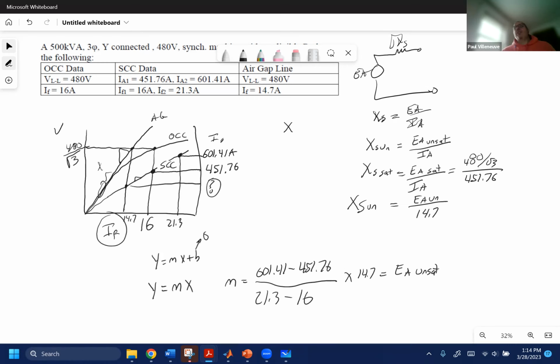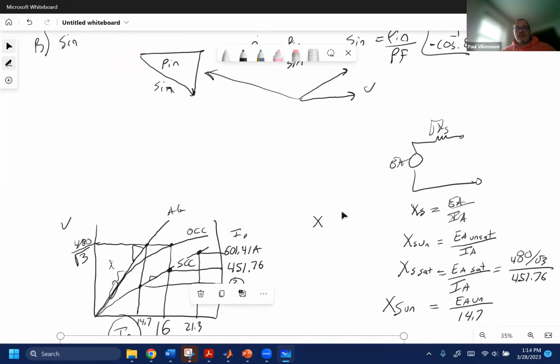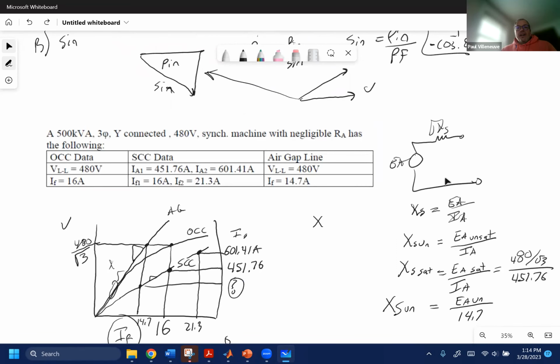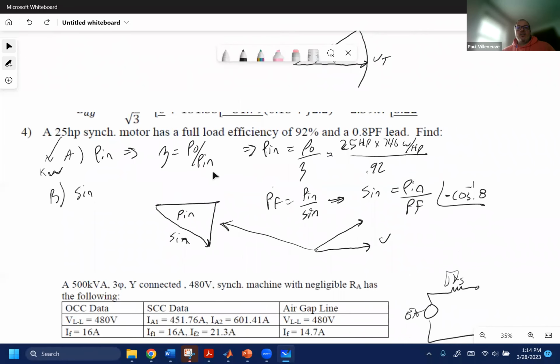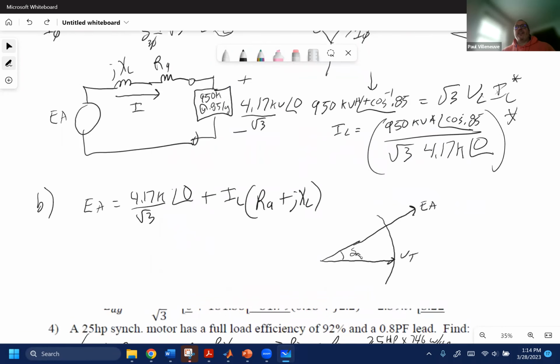But that's the other thing too: if I went back to the previous problems where I did power triangle stuff, I could do that on every test. The same thing with square root of 3 versus 3. Those are previous material, and if I just added them to this, the study session would be 20 pages long.